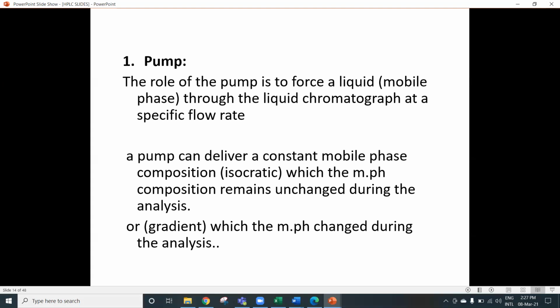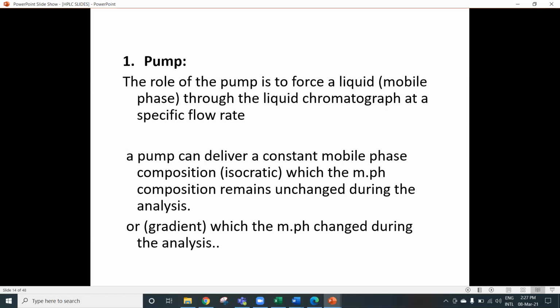We call that isocratic, just like you have your isothermal temperature. Here in isocratic delivery, there will be a constant mobile phase composition. So I could just say all through my analysis, I want 70% water and 30% methanol, and that will be maintained from the beginning of the analysis till the end. That is isocratic. So the mobile phase composition remains unchanged.